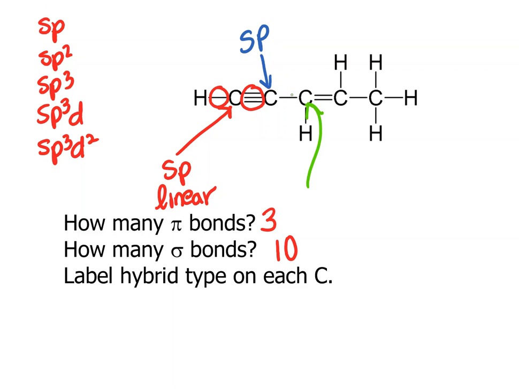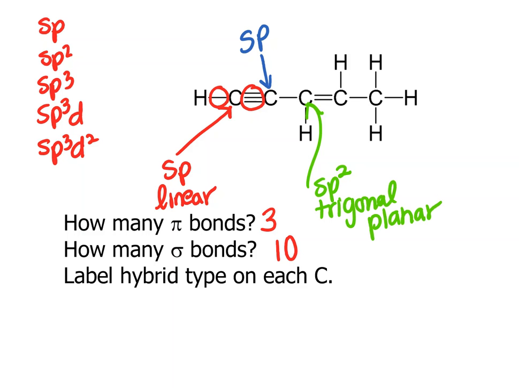Let's do this one. This one has 3 electron groups, and so it will be sp2 to get up to 3. Remember, counting exponents there to figure out how many orbitals. And the geometry of that is trigonal planar.